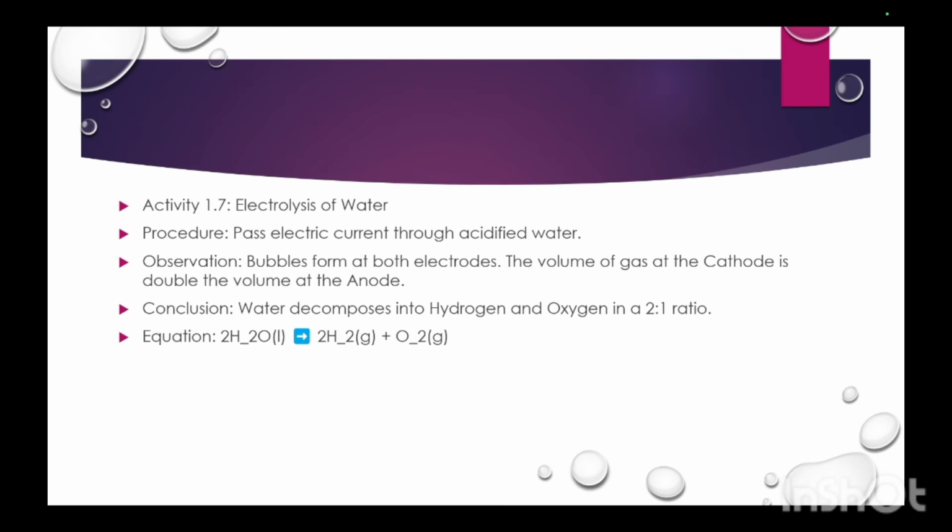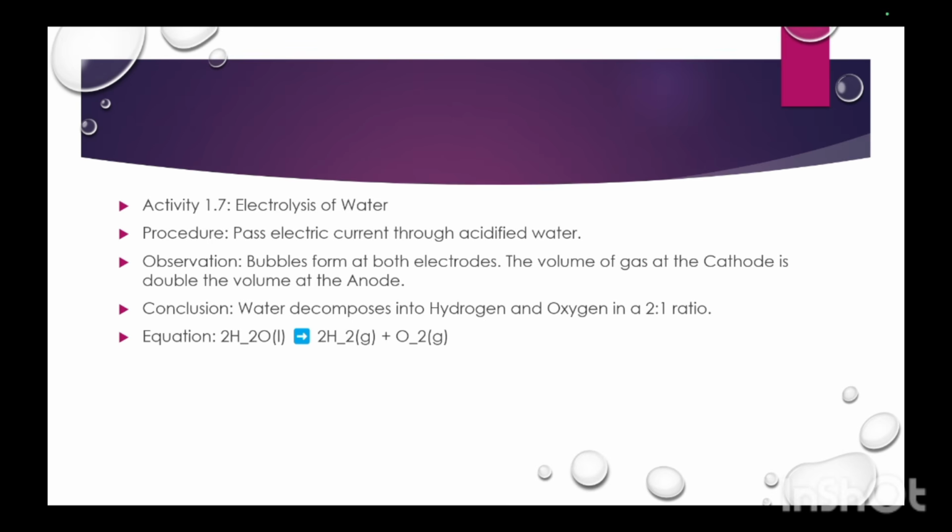So when the cylinder is being filled up, two test tubes of hydrogen are filled by the time only one test tube of oxygen is formed. It is because of the ratio. Conclusion: water decomposes into hydrogen and oxygen in the ratio of 2:1.